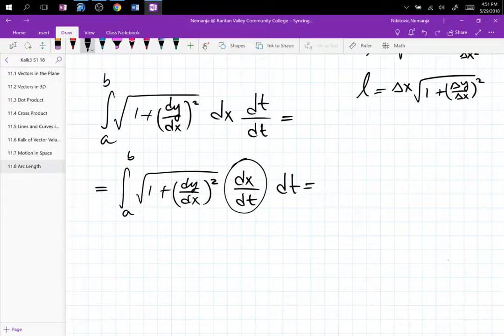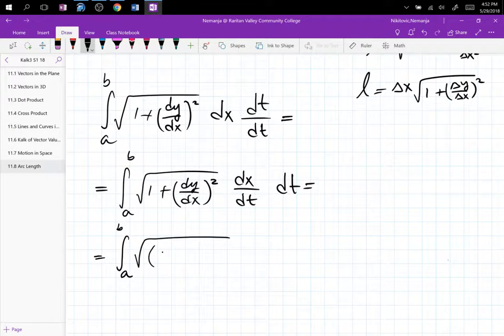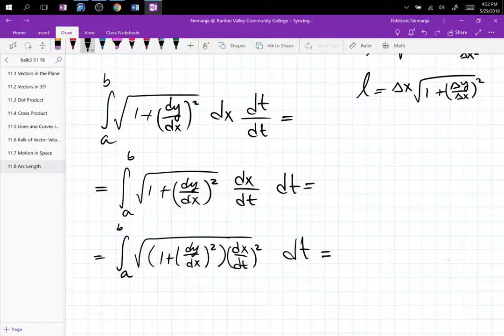Now dx dt is going to undergo the square root, and you know that when you are stuffing things in a square root, it picks up an exponent, or square in this case. So we are going to have the square root of 1 plus dy dx squared times dx dt squared, and then we finally have dt over here.